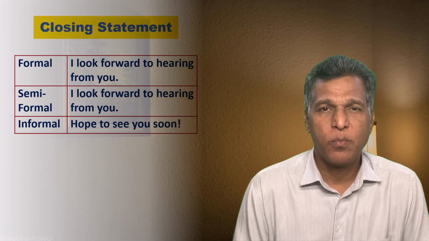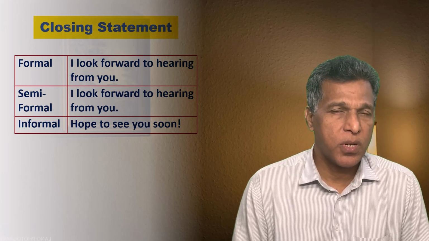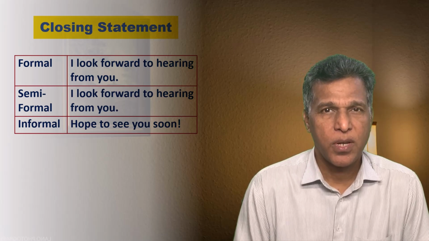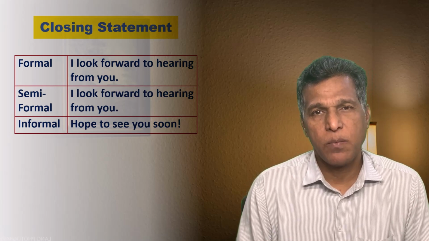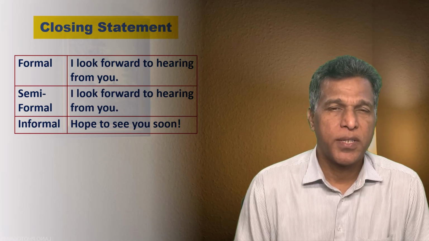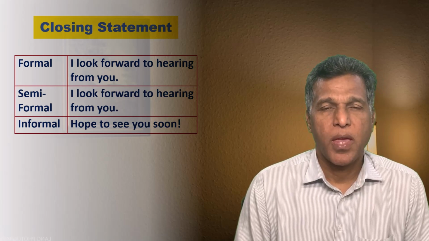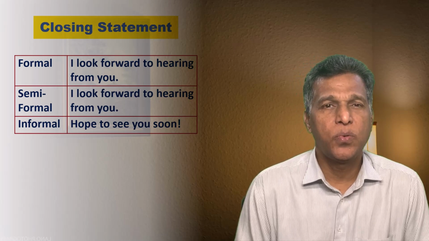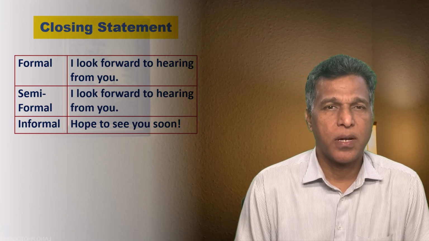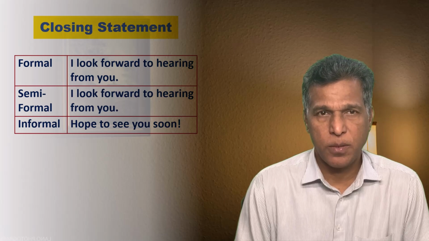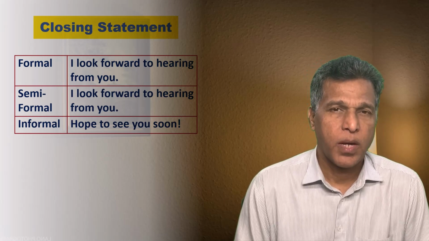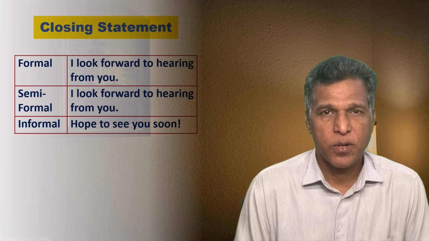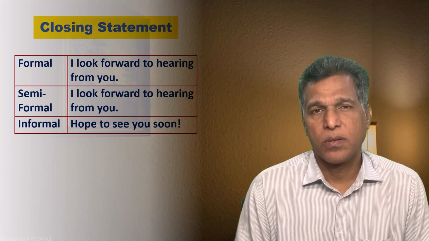For a semi-formal letter, you write the same sentence, "I look forward to hearing from you." So for formal and semi-formal letters, you can write this closing statement. For informal letters, you write "Hope to see you soon!" with an exclamation mark at the end, and you start your informal closing statement with a capital H.